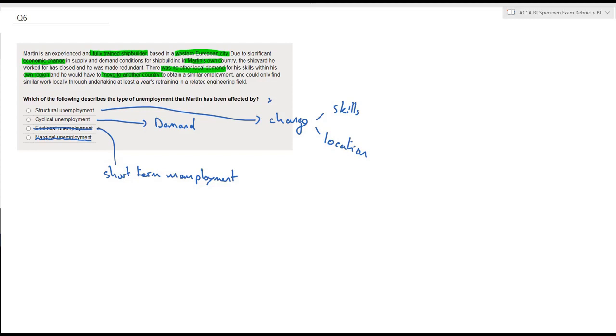Now, it mentions demand conditions, but I think overall, looking at the scenario as a whole, it talks about economic change for shipbuilding. There's now a lack of demand in this region for the skills. He could move somewhere else and his skills would be in demand. I would argue very strongly that it's not cyclical unemployment, and the right answer is indeed structural unemployment.